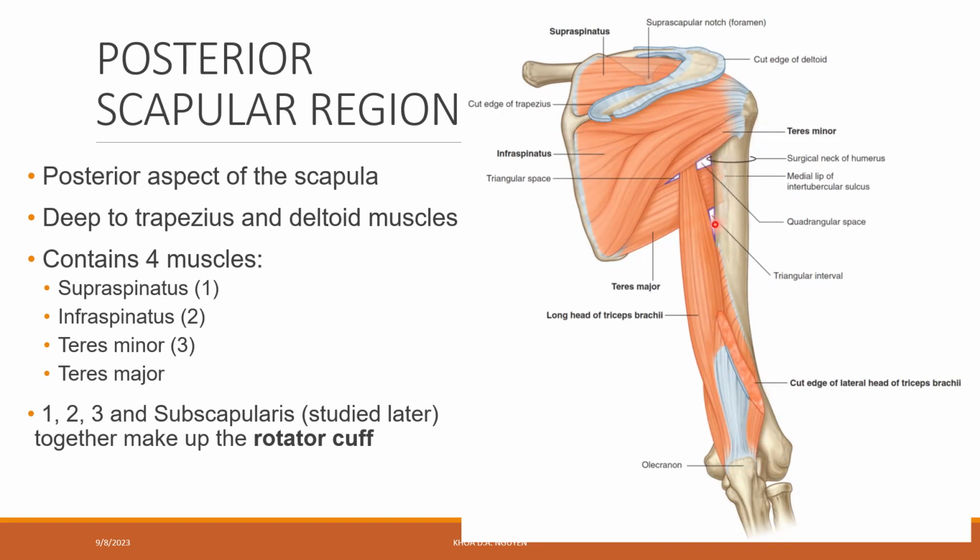And finally, in between the long head of the triceps brachii, the lateral head of the triceps brachii, as well as the teres minor, is another space right here, which is the triangular interval.